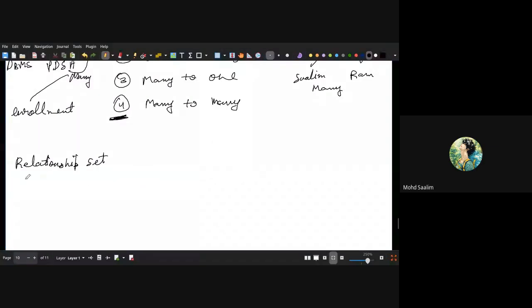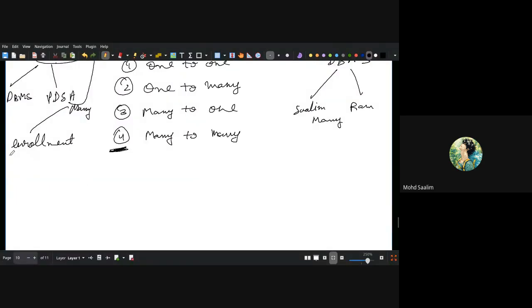So what is a relationship set? If I define this enrollment relationship, it will look something like this. Let's say I have a table. In this table, I have students, with the roll number of the student and the name of the student.